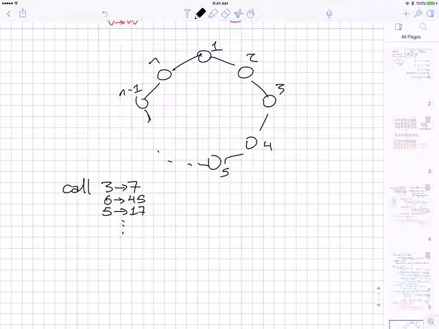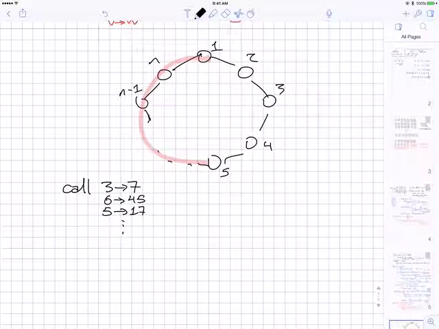So for each call, there are two possibilities for how I could route the call. If I want to go, say, from 1 to 5, I could go in clockwise order or increasing order around the cycle, or I could go in counterclockwise order around the cycle.